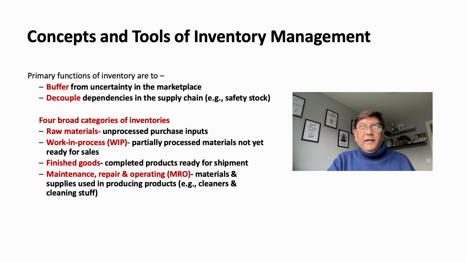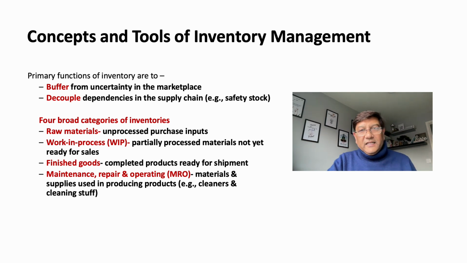Now, so far, what we have learned is that there are different types of inventory, and inventory relies on demand. So the primary function of the inventory is keeping the buffer inventory for uncertainty, for any surge in demand, and to decouple dependencies of the inventory in the supply chains.